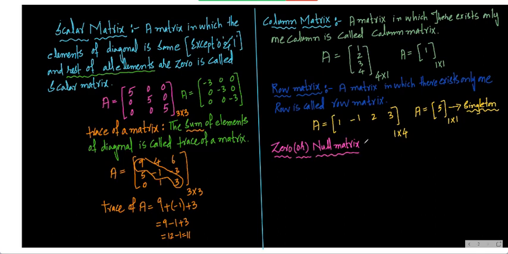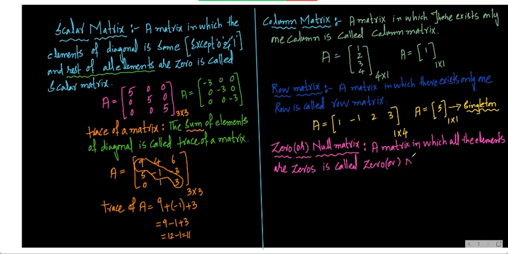Very simple definition: a matrix in which all the elements are zeros is called a zero or null matrix.